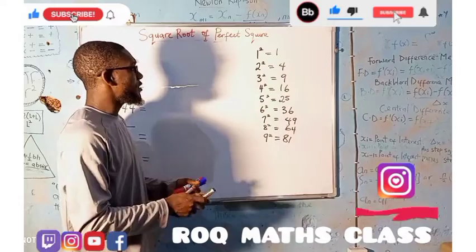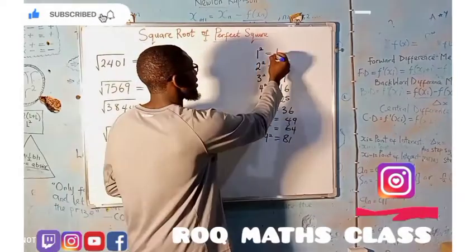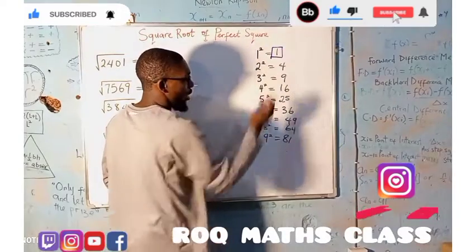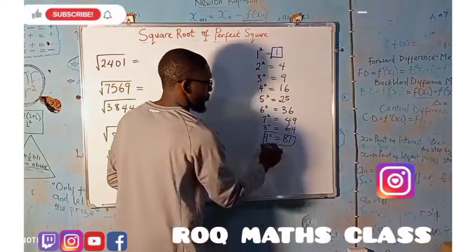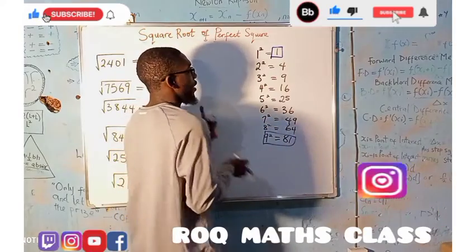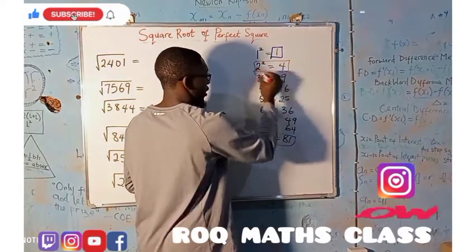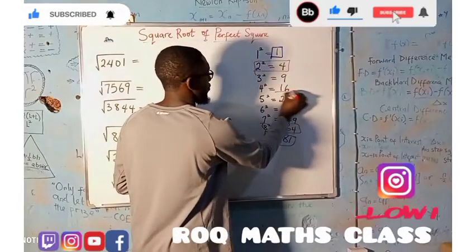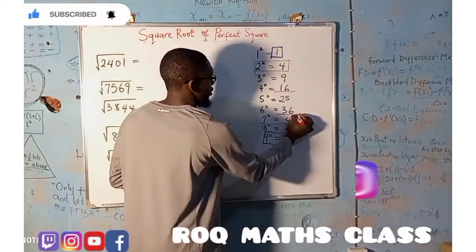So the next step is the numbers that end with 1. That end with 1, we have 1 and what? And 9. If you are talking about the one that ends with 4, we have 2 and what? 8. What about 6? We have 4 and what? 6.